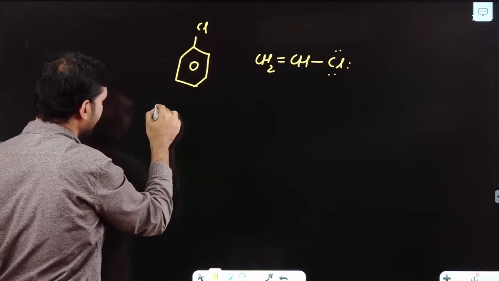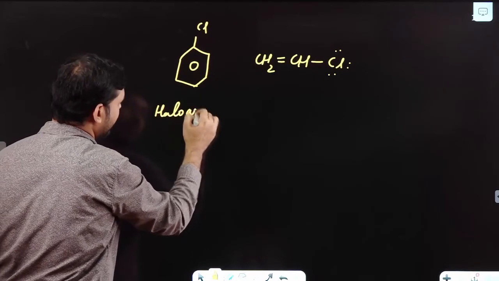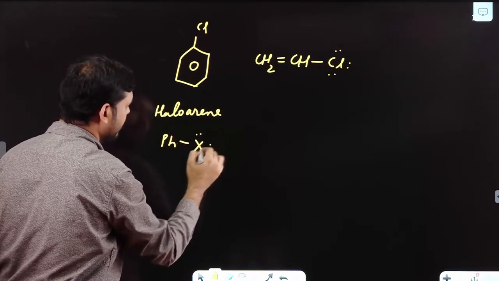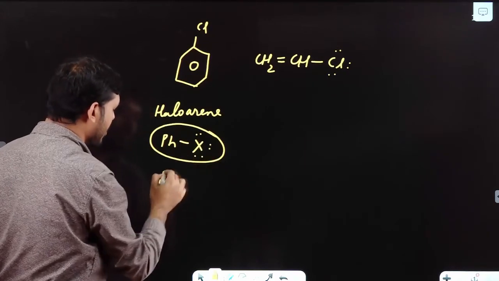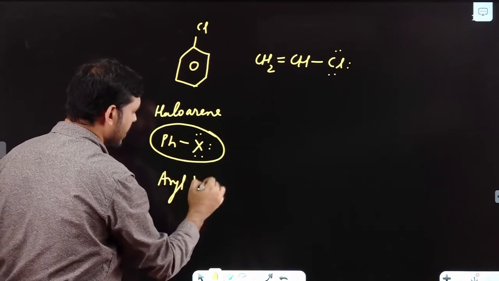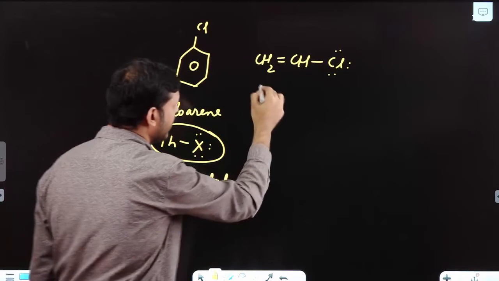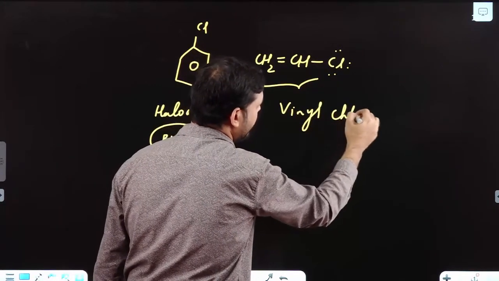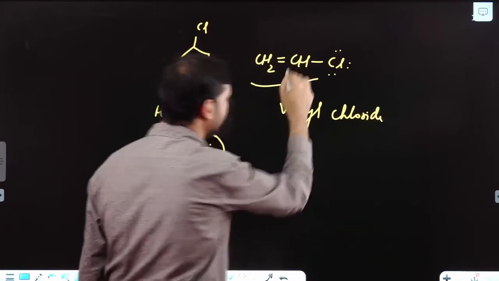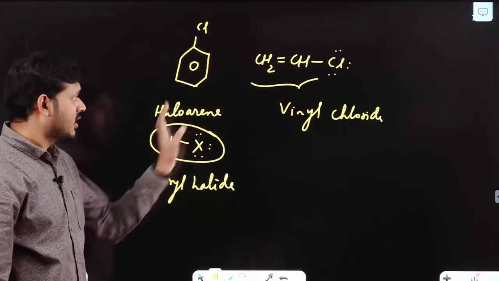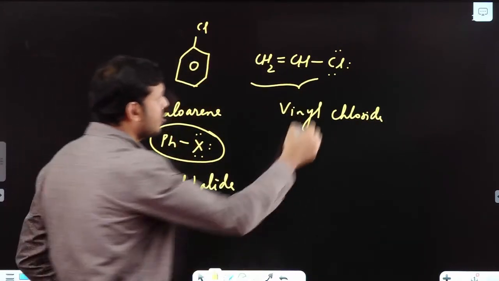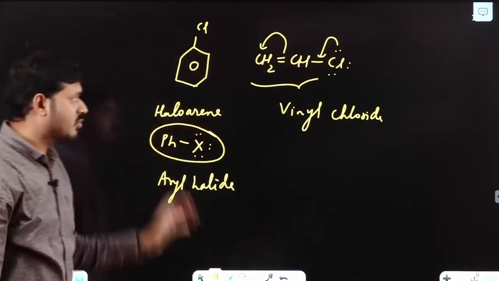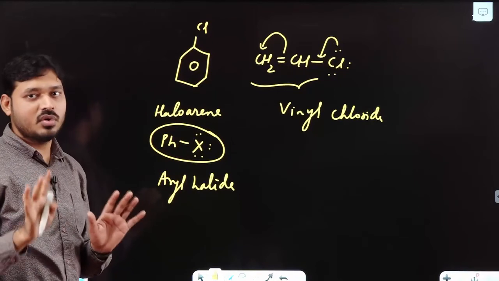This is haloarene, PhX, or you can say aryl halide. Now this is your vinyl chloride. Okay, ethynyl chloride. In both the cases they are in conjugation, resonance. So in both the cases there will be no SN1.